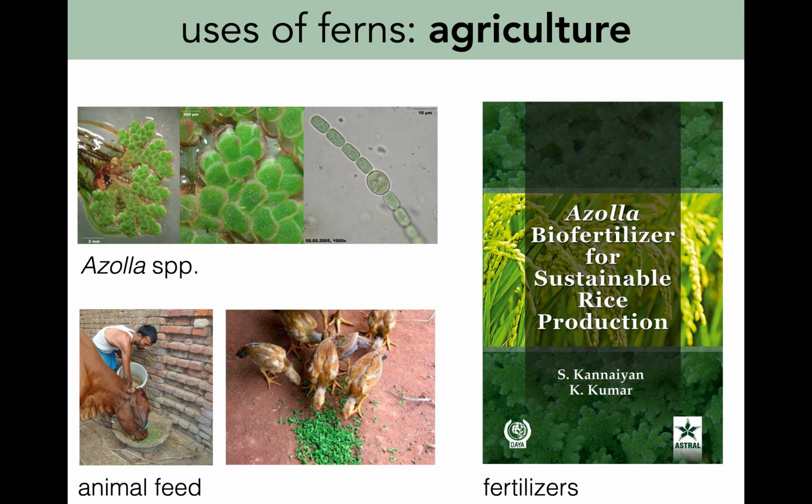And in agriculture, because Azolla houses this cyanobacteria, remember this is Anabaena, which helps fix nitrogen, the body of the Azolla fern has a lot of nitrogen. So people usually put it in the rice field or mix it with animal feed as additional nutrients for animals or plants.